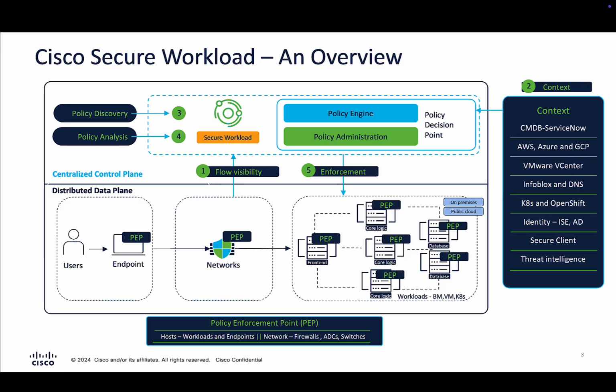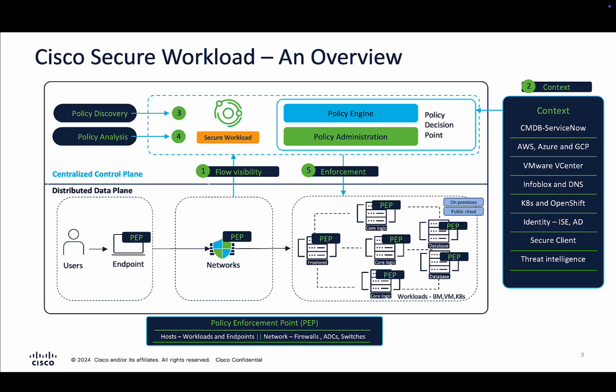Now, all of a sudden, that same flow record is much more meaningful to me, because I'm seeing an HR user is talking to a finance application. Maybe that is expected, maybe it is not, but at this point I have enough contextual information to pursue further the investigation. So that's the first layer of visibility that Secure Workload provides you, that is contextualized flow information.